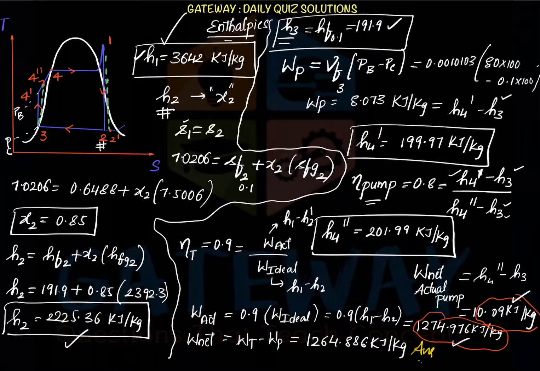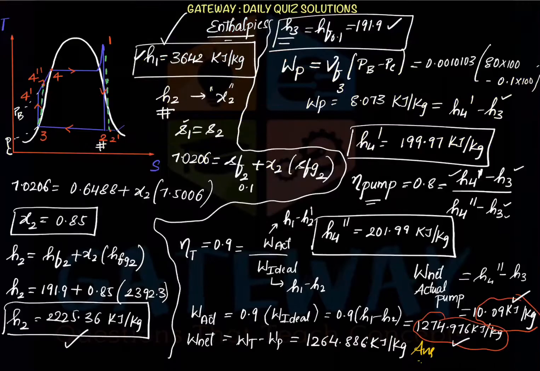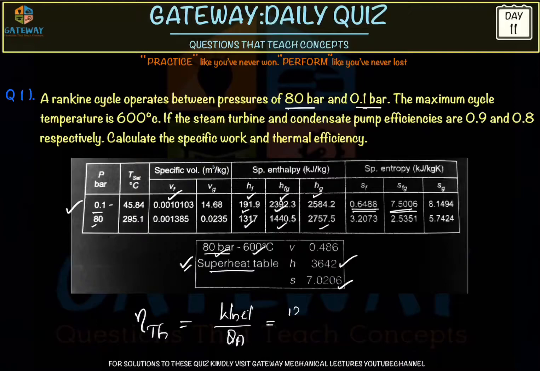One more part was asked in the question: thermal efficiency, and we know the thermal efficiency is nothing but W net upon heat added, right? So W net here we have already obtained, 1264.886, upon, we need to calculate the heat added.